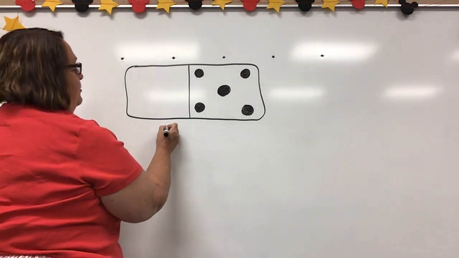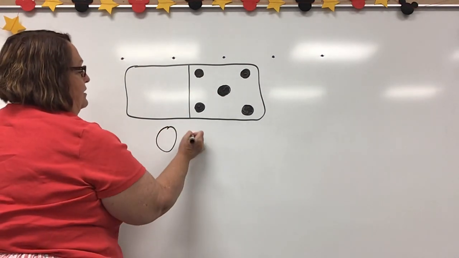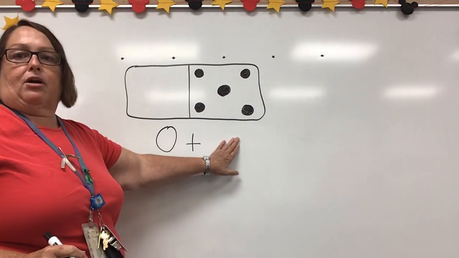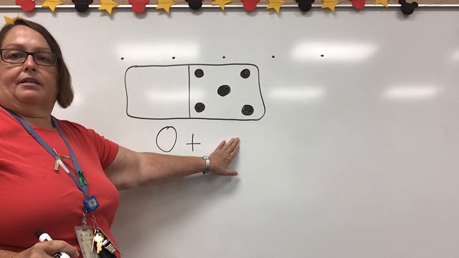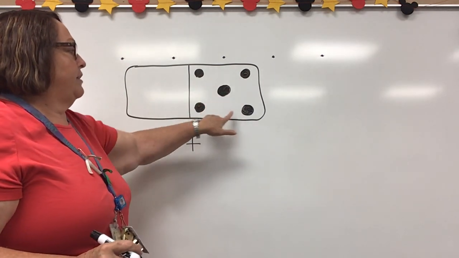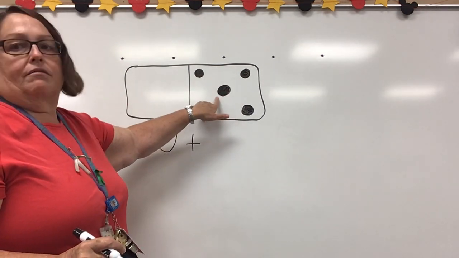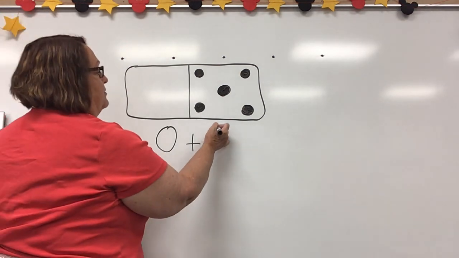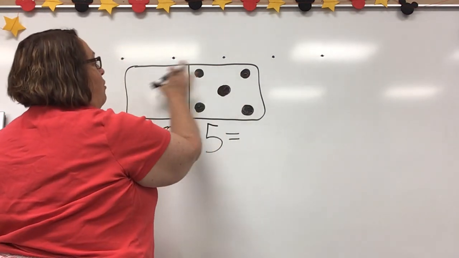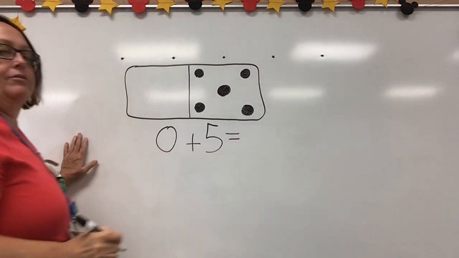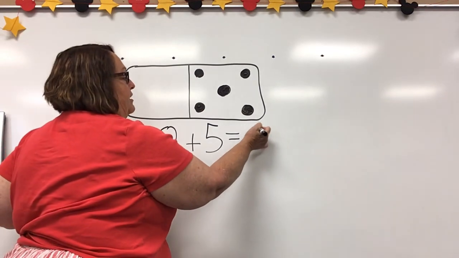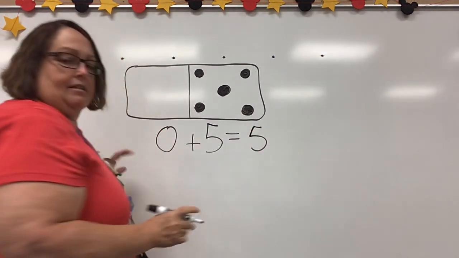Still don't have any over there, do I? So I still have to write a 0 plus, how many are in this part now? 1, 2, 3, 4, 5. So I'm going to put a 5 for that part. My whole domino now has 5 dots.